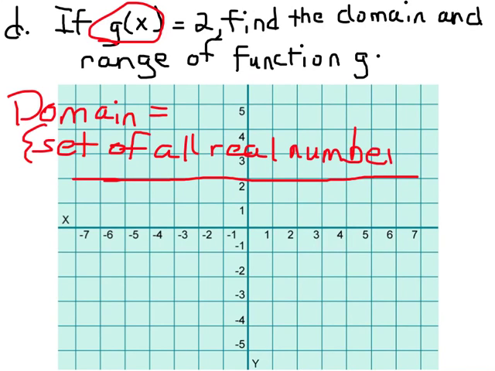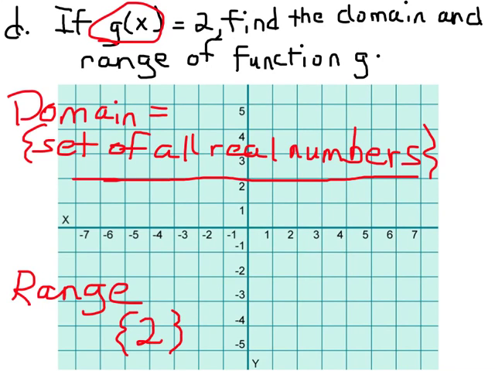However, you can see that it does not go any higher or lower than 2. So for range, we can say that the range is 2. And that's its only range. Okay?